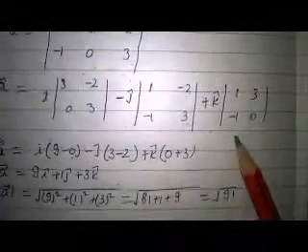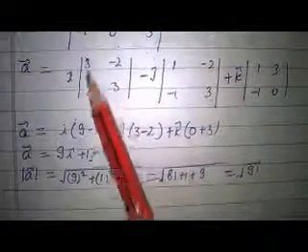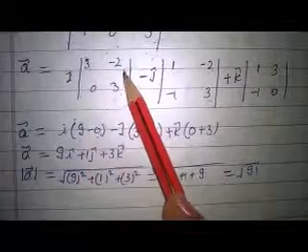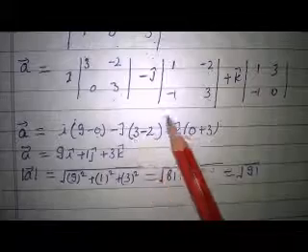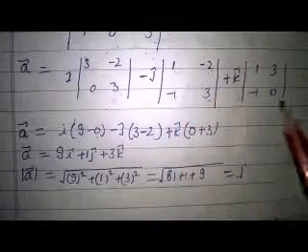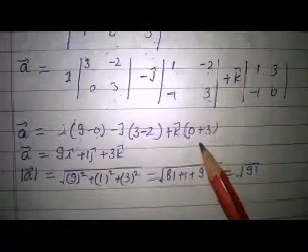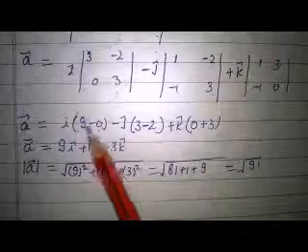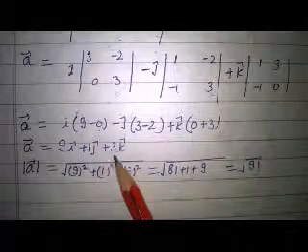On solving this we get 3 into 3 is 9, 0 into minus 2 is equal to 0, and 3 into 1 is 3, minus 1 into minus 2 is equal to minus 2. On solving this we get 1 into 0 is 0, minus 1 into 3 is 3. On solving this we get a cross b vector is equal to 9 i cap plus 3 j cap plus 3 k cap.